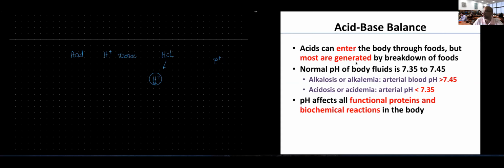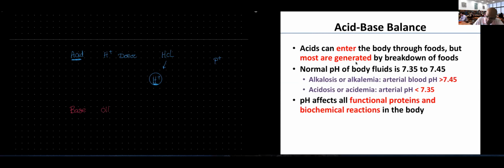So what is still remaining of this hydrogen is just a proton. So hydrogen ion is a proton, just one proton. So again, what do I mean by an acid? An acid is a proton donor. And what do I mean by a base? Base is a proton acceptor.